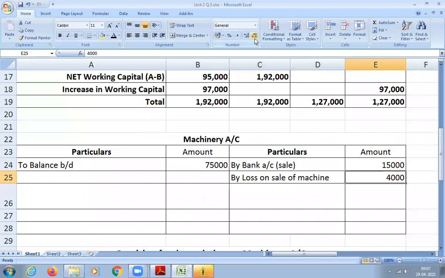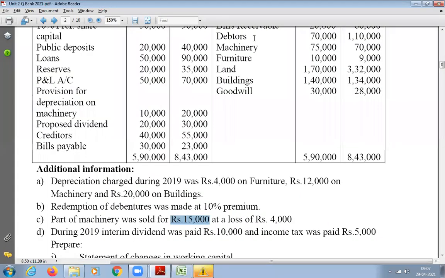Next, anything else he has given? Any depreciation he has given for machinery? Yes, no? How much has he given? 12,000 depreciation. But that same amount we cannot write like that, because he has given us the provision for depreciation on machinery. Are you able to see it in the balance sheet?